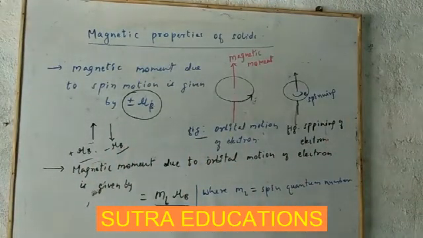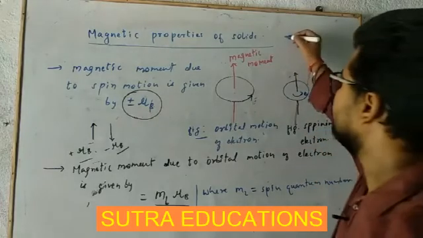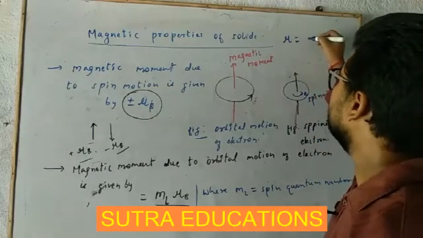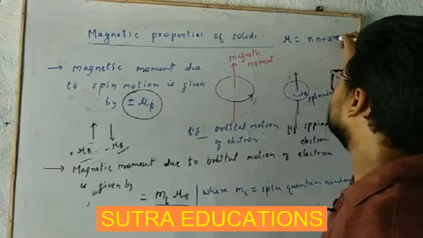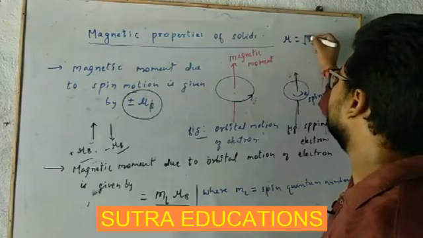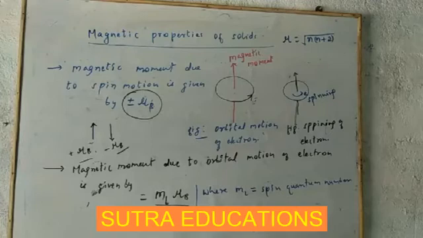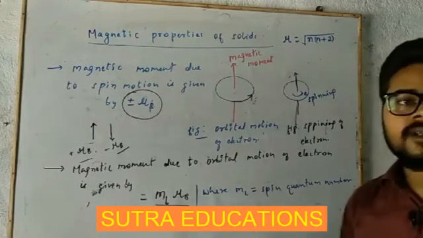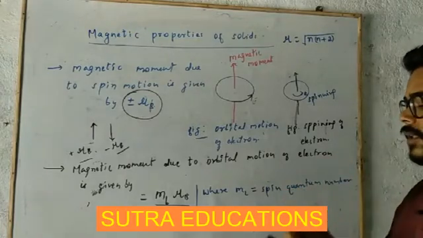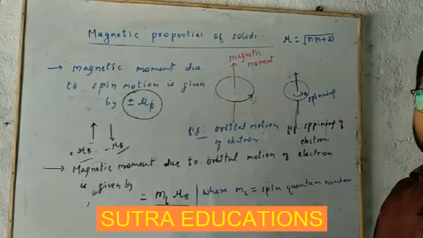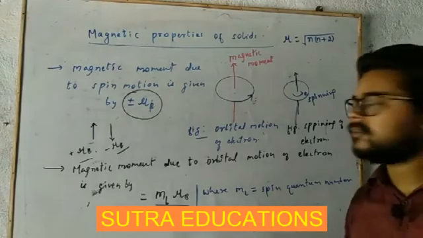There is one formula to calculate magnetic moment, and I am going to write the formula. Mu is equal to the square root of n into n plus 2. Mu is calculated by the formula mu is equal to root of n into n plus 2, where n is the number of unpaired electrons.